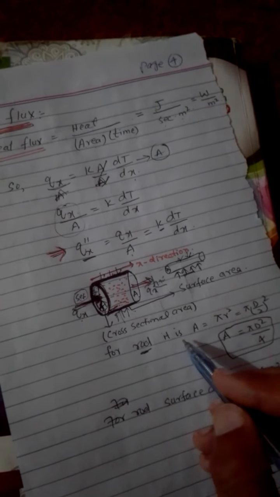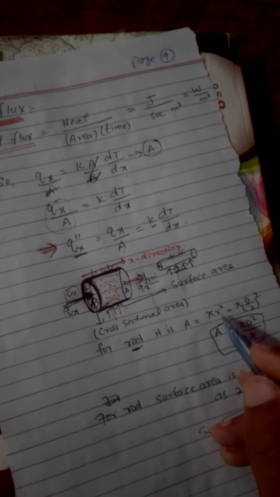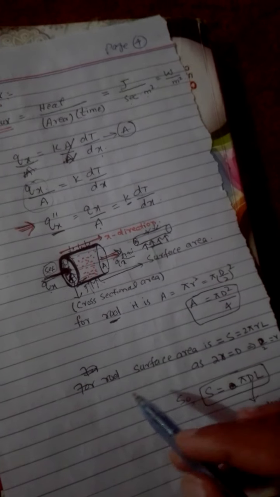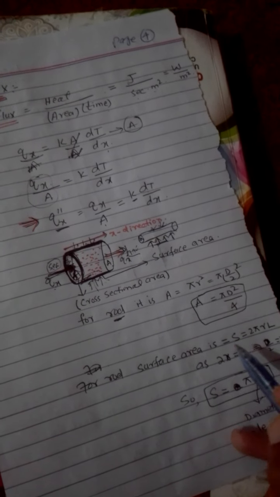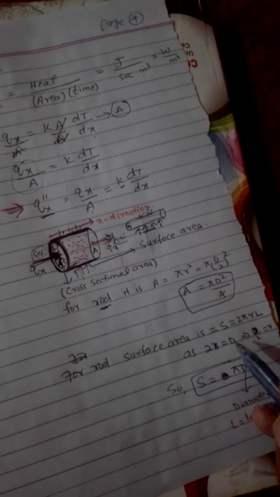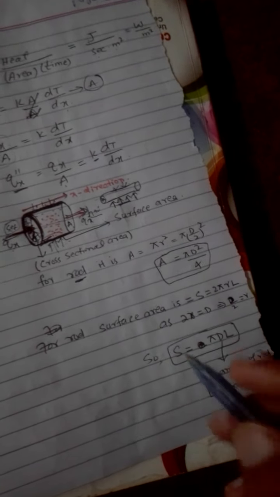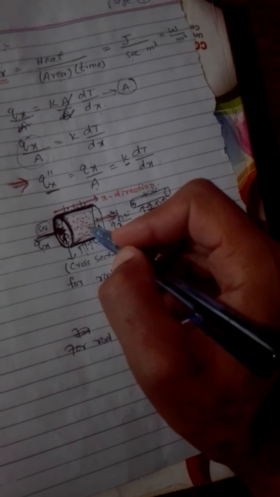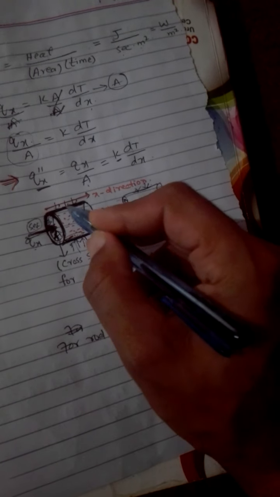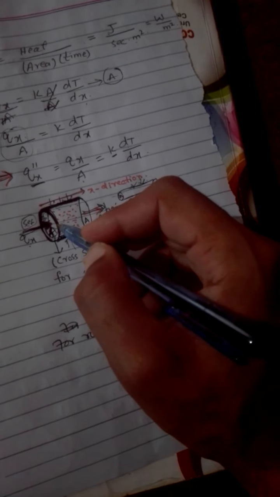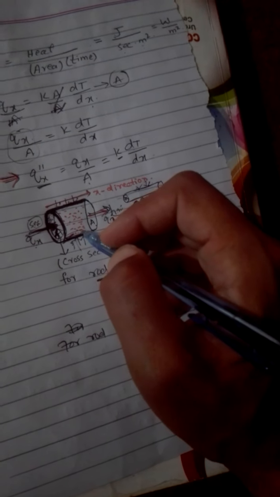For a rod, the cross sectional area is pi r square, which is pi d square divided by 4, and the surface area is 2 pi r l. 2r is equal to d, so pi d l is the surface area for the cylinder. In most cases we use this surface area in heat exchangers, which we will discuss in chapter number 11.